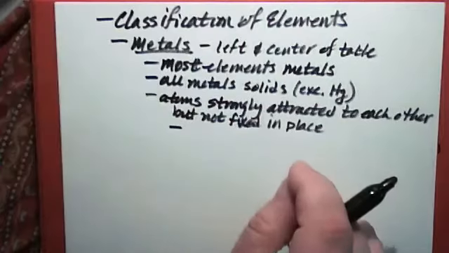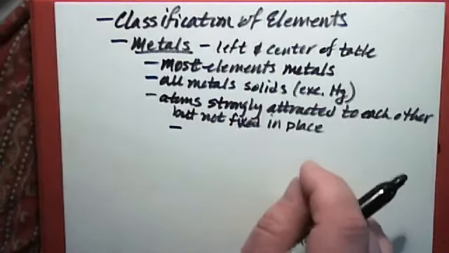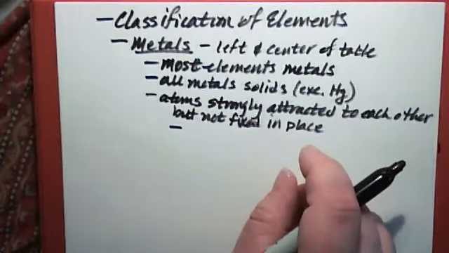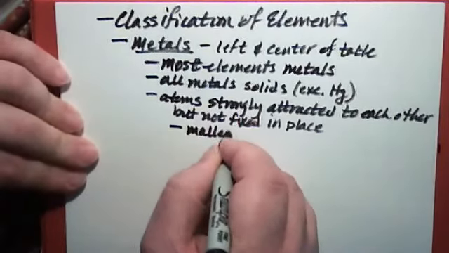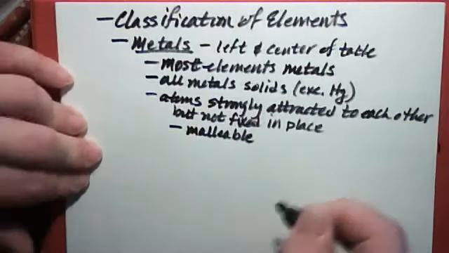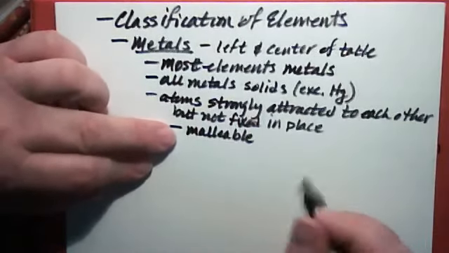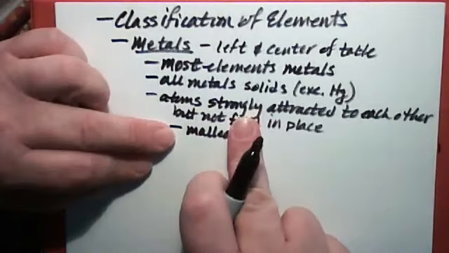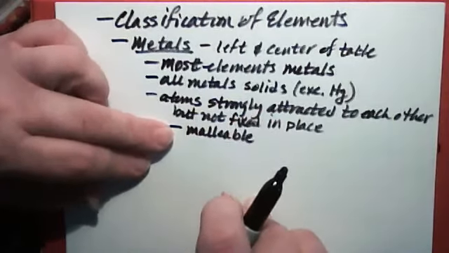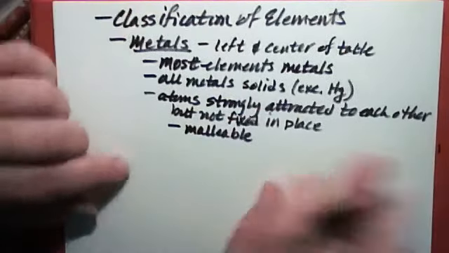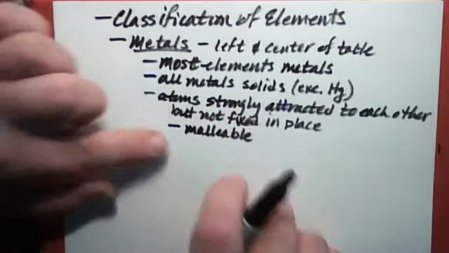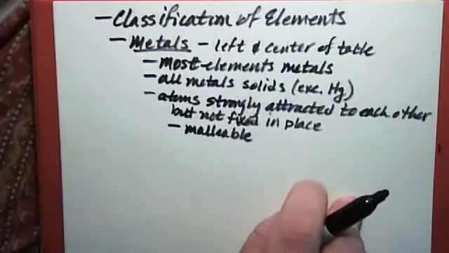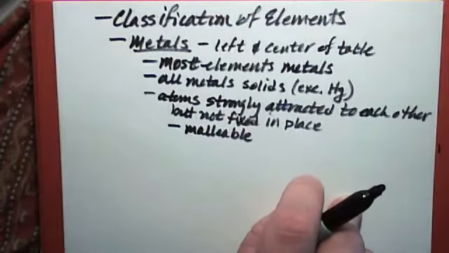So in other words, this is why when you take a piece of metal and hit it hard with a hammer, it tends to squash out instead of just shattering and breaking into a million pieces. And that is what's known as being malleable. Malleus is the Latin word for hammer, and from that we get the word malleable, which means that it can be formed into a flat sheet by hammering.